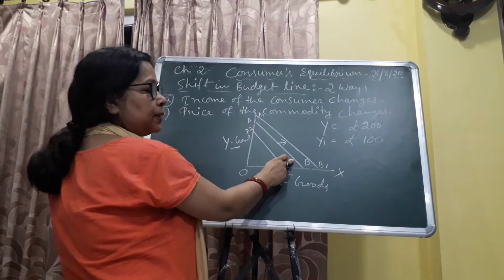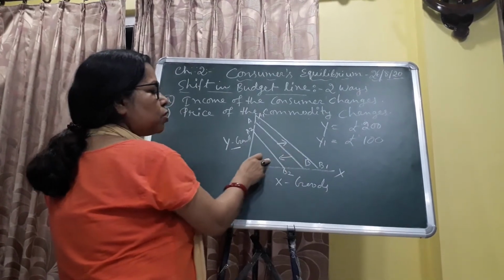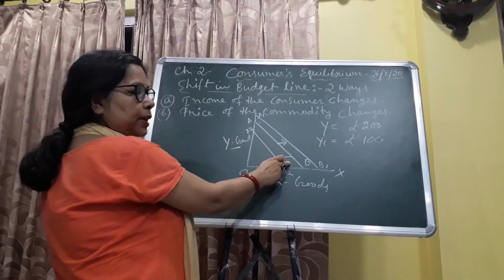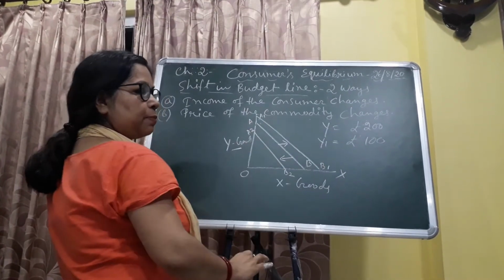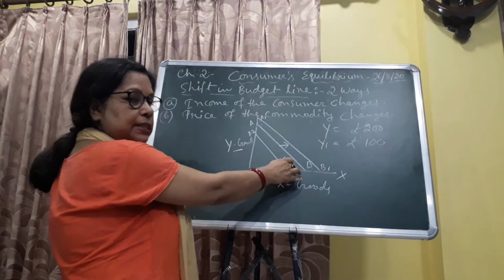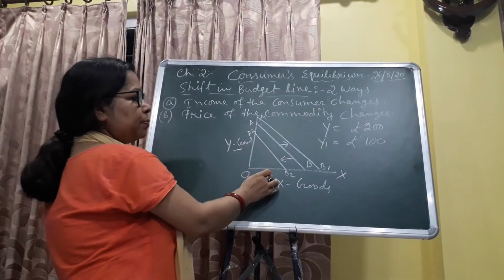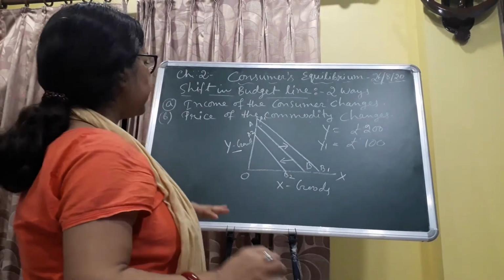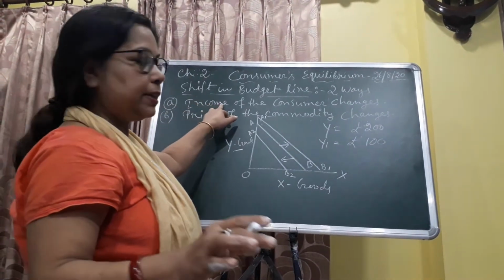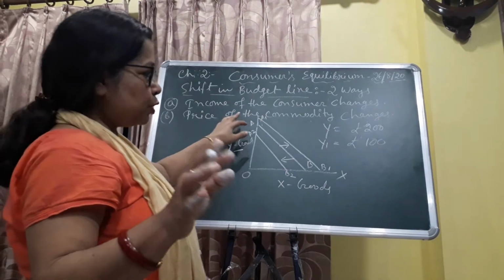This is the original budget line, so this line will shift to the left side. If income increases, it shifts right to A1B1. If income decreases, the original budget line shifts left to A2B2. So in this way the budget line shifts right and left. So that portion is completed. Clear?